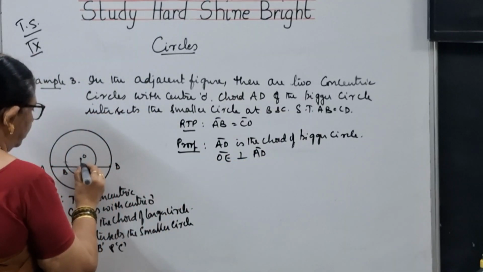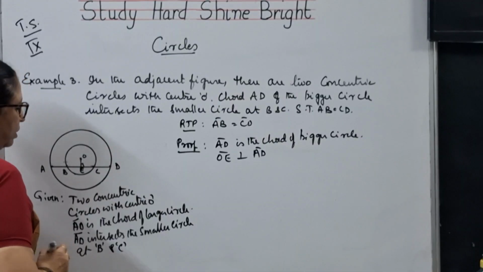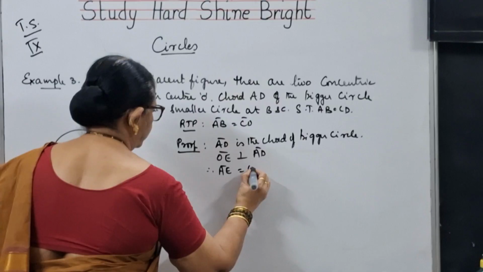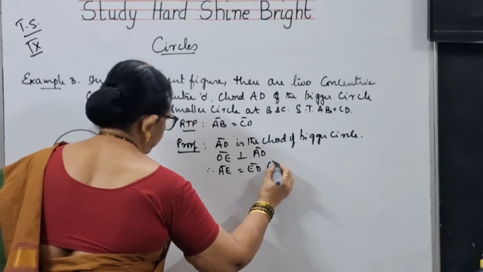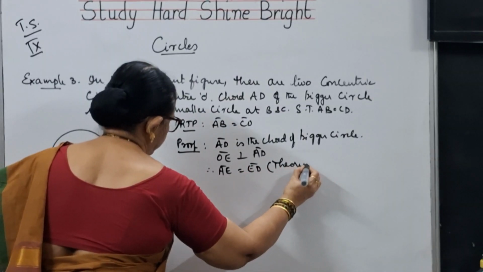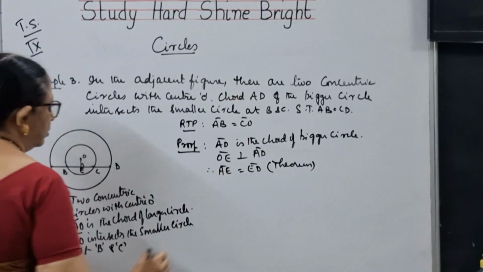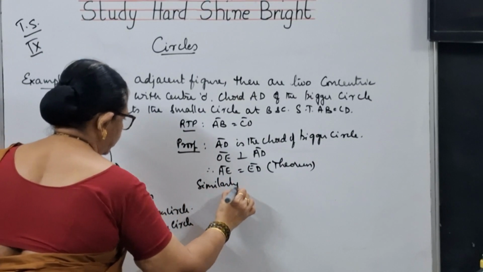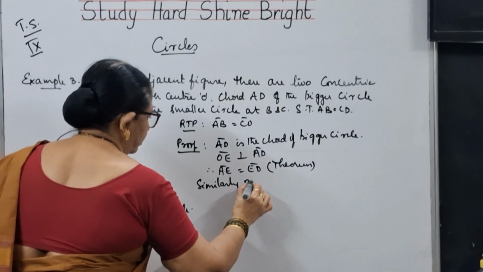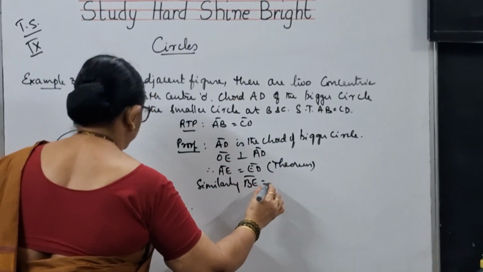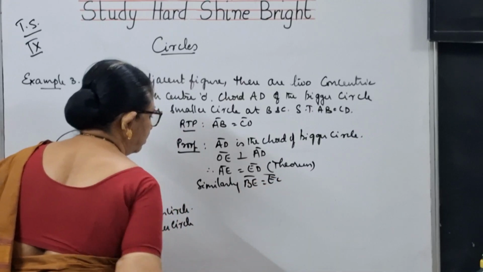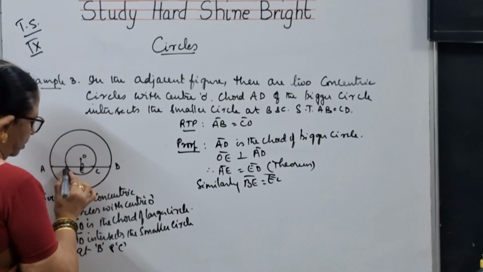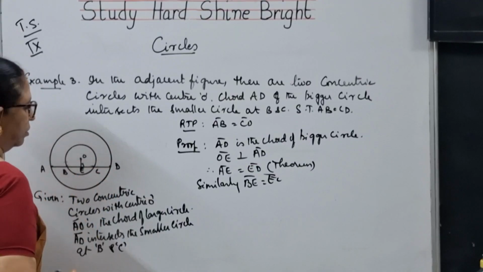Therefore, you can say that AE is equal to ED basing on the theorem which we have learned. Similarly, we can say BE is equal to EC. Same way, because for the small circle, BC is the chord and this is perpendicular.